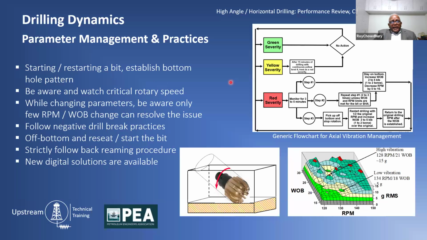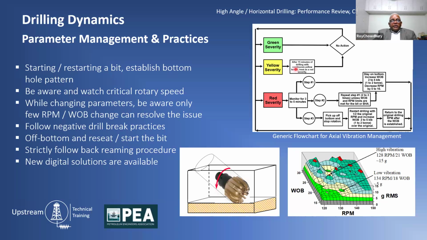Also, it is very important to understand that when you run in high angle wells, or in any well as such, when you run a bit for the first time, or when you wipe a trip and go back in the hole, it is always important to re-establish the bottom hole pattern of the bit. How do you do that? You just gradually break the bit in, because this could be a trigger.